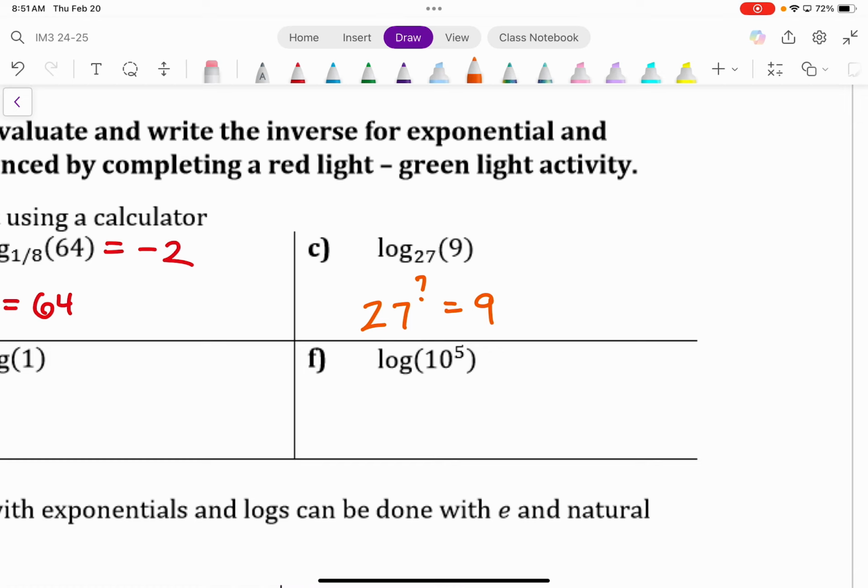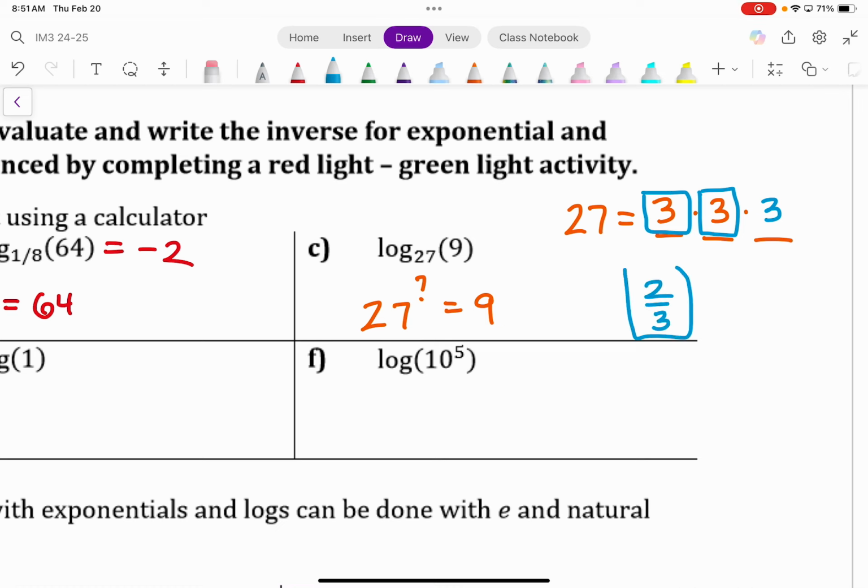We could say, okay, 27 gets split up into 3 numbers, and we know 2 of them are going to multiply to 9. So in this case, we have 3 groups of the same size, but we only want 2 of them, right? 3 times 3 gives you 9. So in this case, our solution would be 2/3.